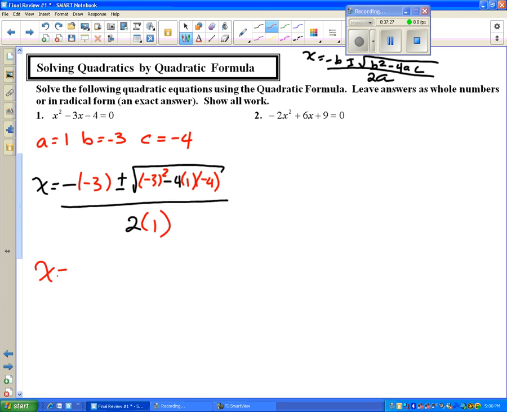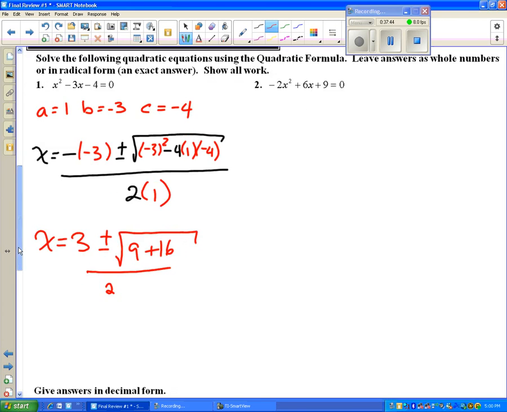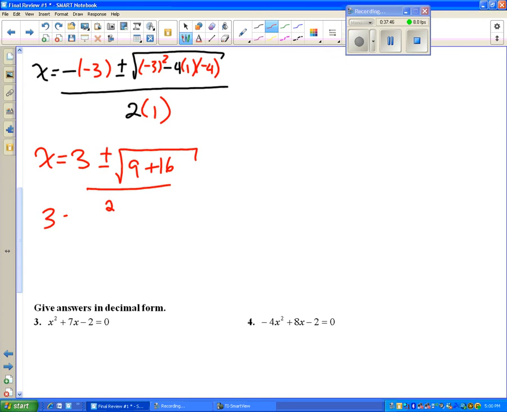X is equal to negative 3 is 3 plus or minus the square root of negative 3 squared is 9. Negative 4 times 1 times negative 4 is 16. All over 2 times 1 is 2. 3 is equal to 3 plus or minus the square root of 25 over 2. That 2 should be up there.